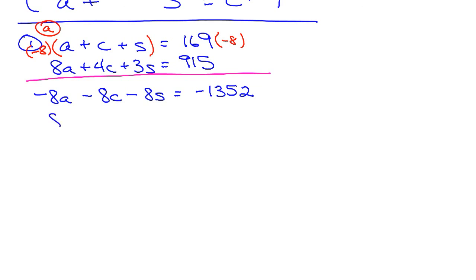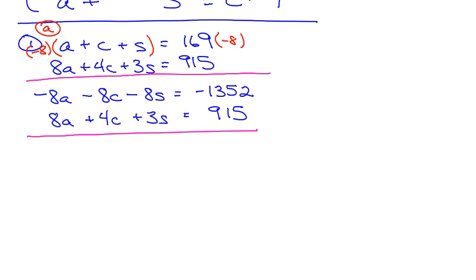The second equation stays the same. Next, add down. The A's will cancel as desired, and that leaves us with -4C minus 5S is equal to -437.